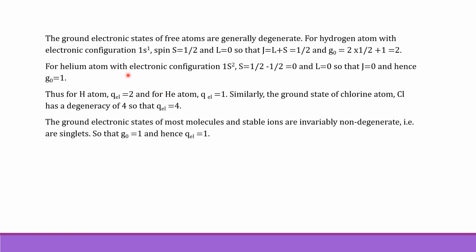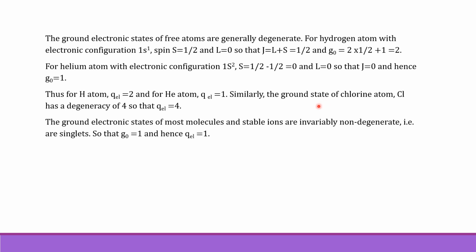For helium atom with electronic configuration 1s2, the value of S is half minus half, that is 0, and L is equal to 0, so that J is equal to 0 and hence the value of g0 is equal to 1. Thus for hydrogen atom, the electronic partition function is 2, and for helium atom, the value of electronic partition function is 1.